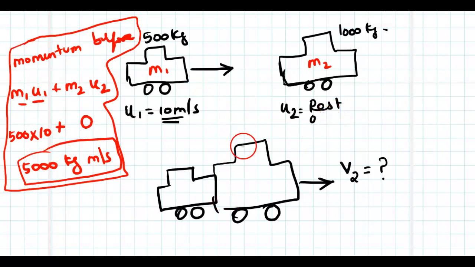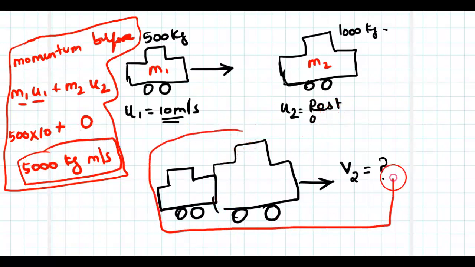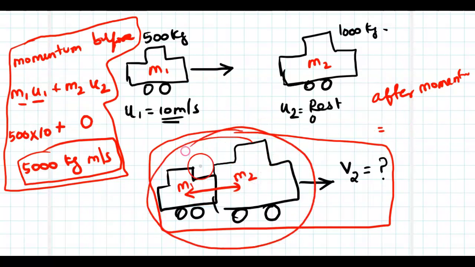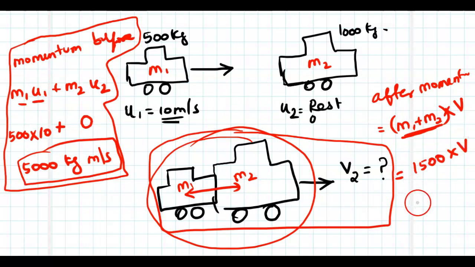Okay, how can we find it? Here is the after collision diagram. Now, for the momentum after collision, the two objects are joined, that is M1 and M2 are joined together. So the mass becomes one system, M into V, that is (M1 plus M2) multiplied by the velocity. The total mass now will be 1500 and the velocity I don't know, I have to find out.